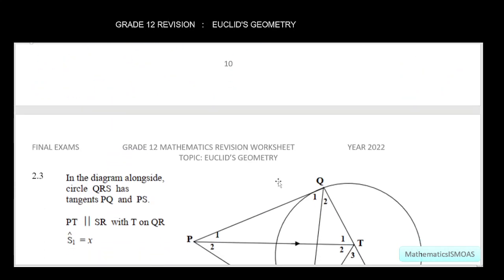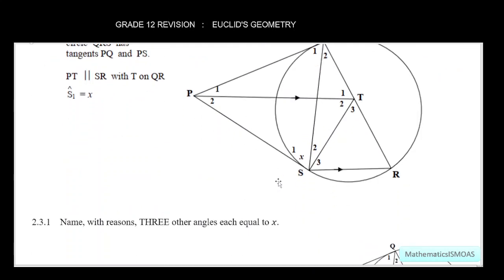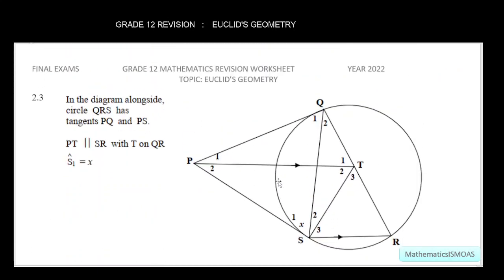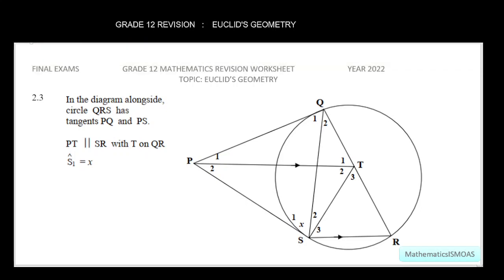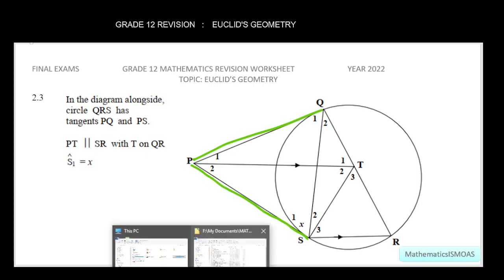Okay, and then now let us have a look at question 2.3. In the diagram alongside, circle QRS has tangents PQ and PS.